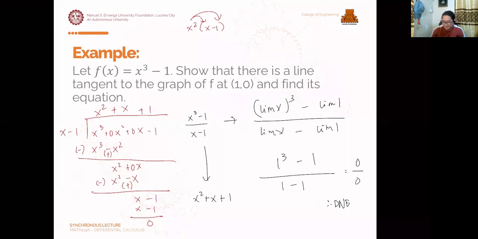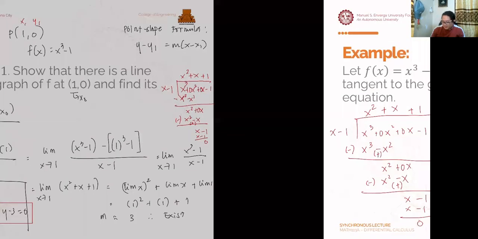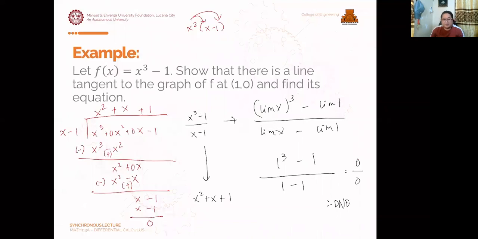Thank you po. Okay. Sir, paano po pag yung x cube may kasama po siyang number? Kunyari po, x cube, ang number po niya 3. Halimbawa, 3x squared dapat.